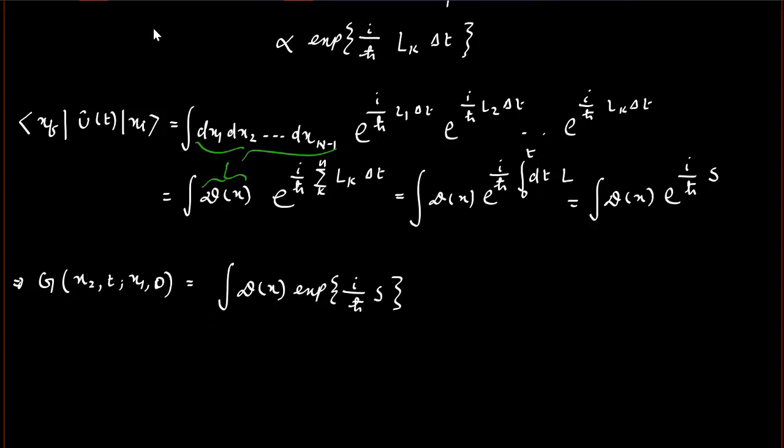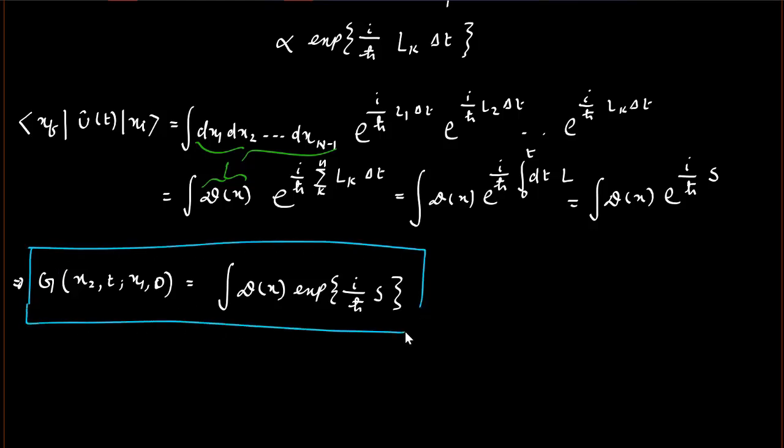Okay, and this is what we call the Feynman expression for the Feynman path integral. Okay, we'll stop now.